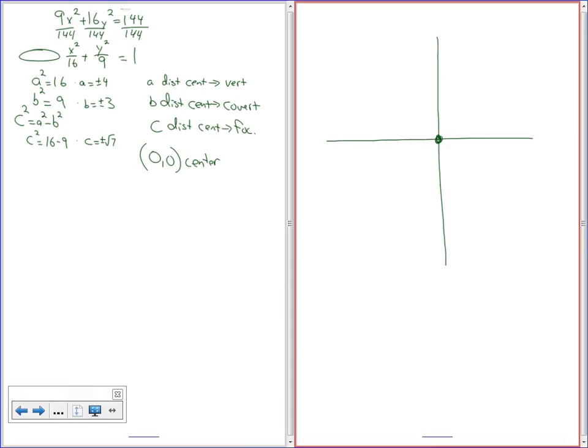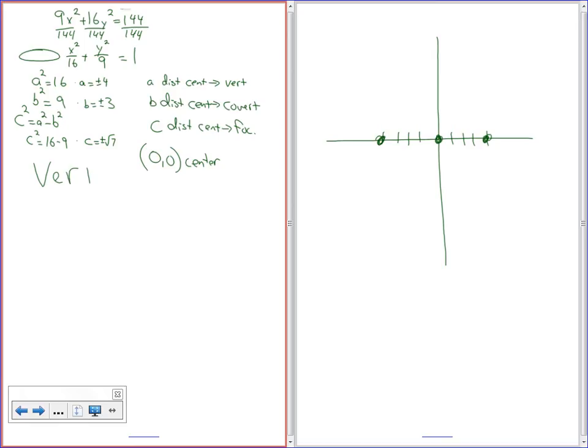My center is at 0, 0. I know it's being stretched left and right, so to go to my vertex, all I have to do is walk left and right. How many? 4, because my A value is 4. So I have vertices at 4, 0 and negative 4, 0.